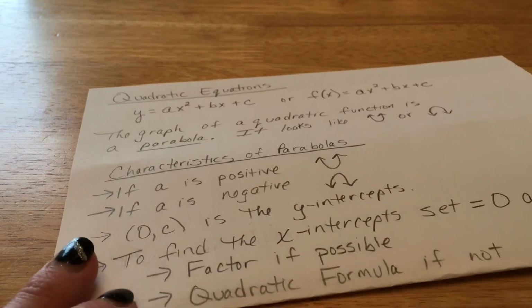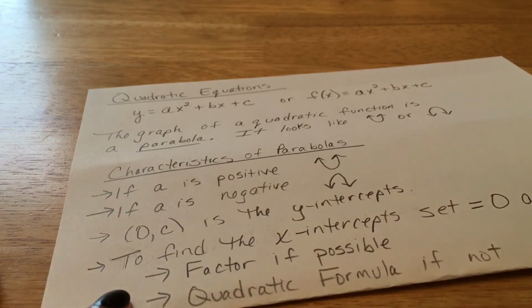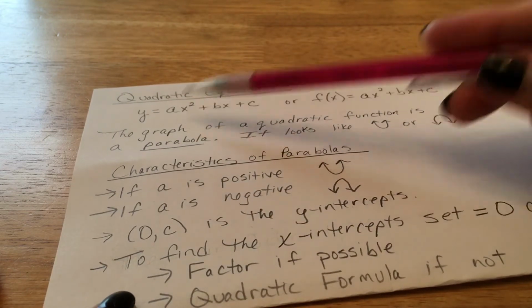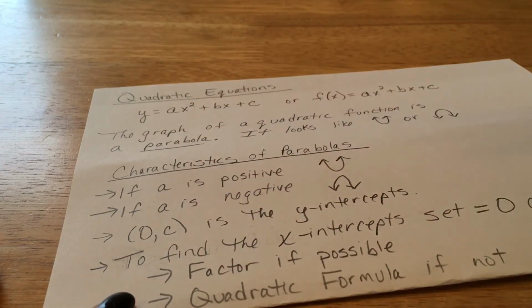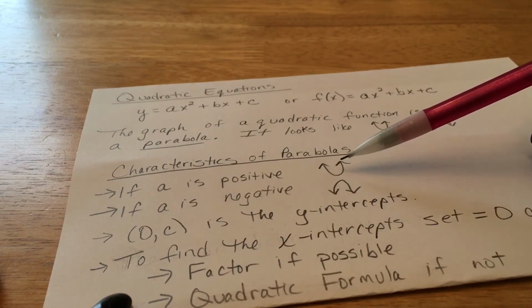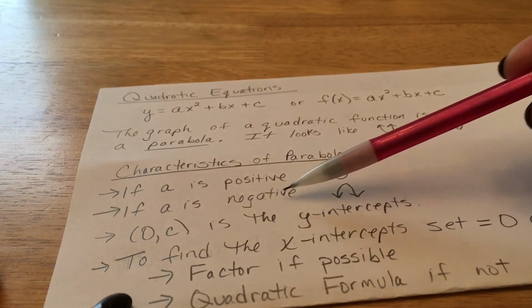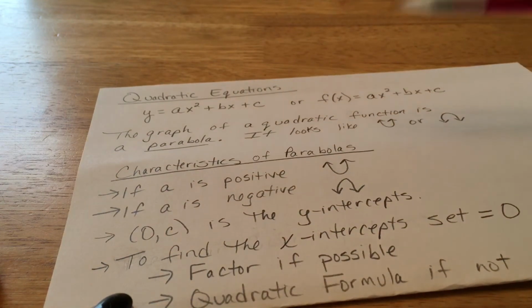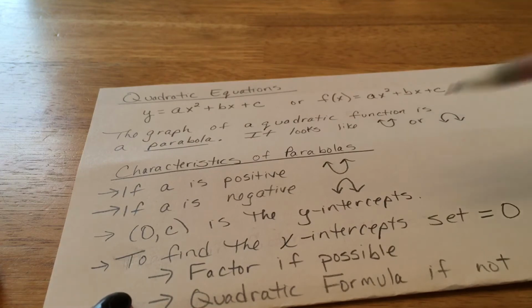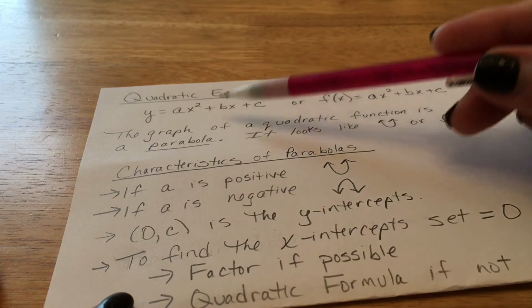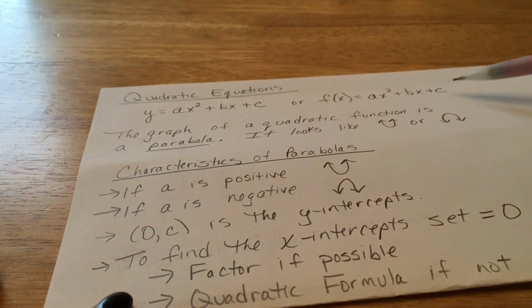Well, some characteristics of parabolas that you need to know are, if a is positive, so if this coefficient on the x squared, the number out front, is positive, that tells you that your parabola opens up and it's going to look like a U. If a is negative, that tells you that your parabola opens down, and I always say it looks like an upside down U.